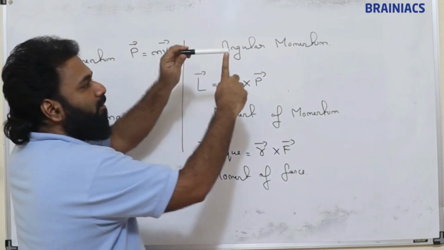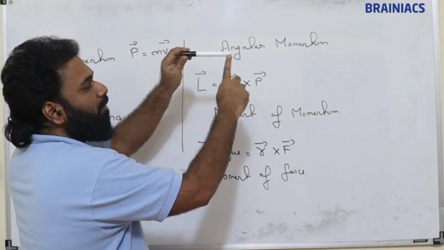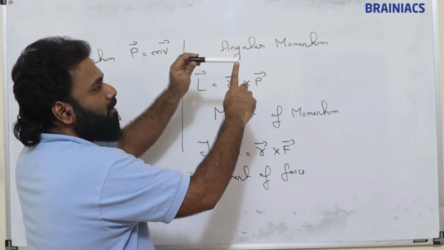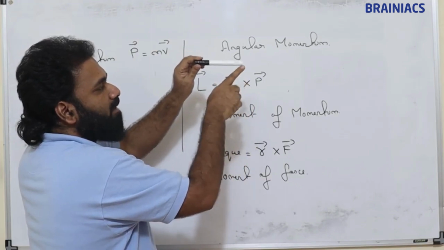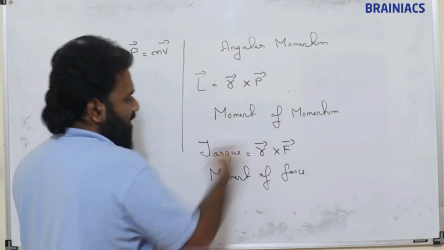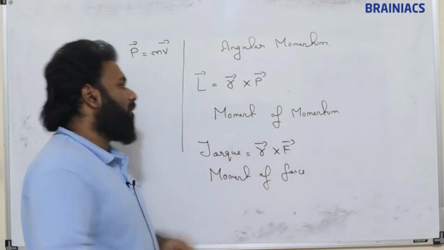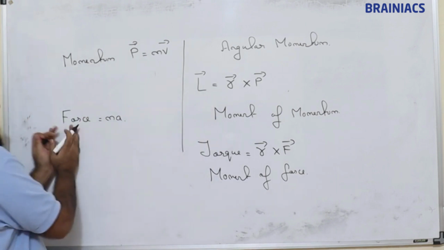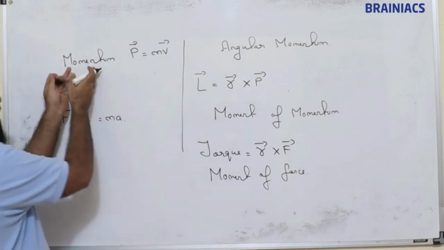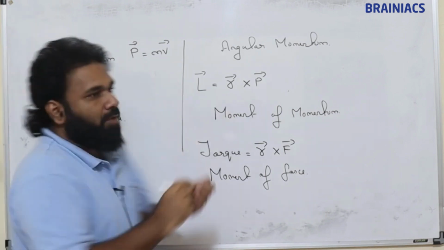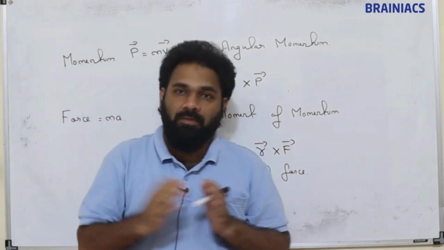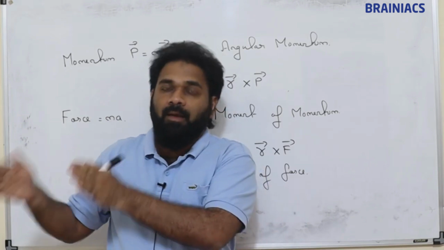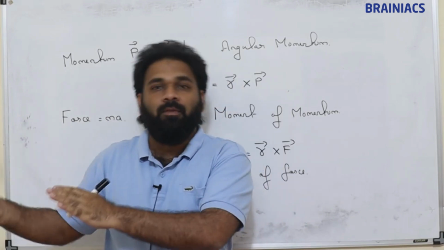The angle between the perpendicular distance and the force is 90 degrees. If the force is acting at an angle, we will take the component of force. We will study all these things in rotational motion, but just for comparison I was telling force, torque, linear momentum, angular momentum. For everything related to rotational motion, we take the analogy from linear motion.